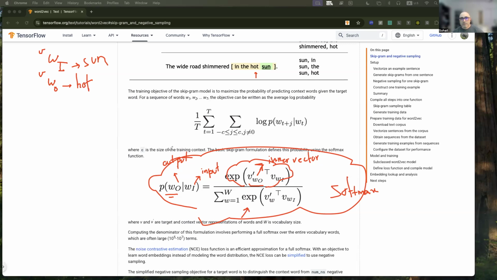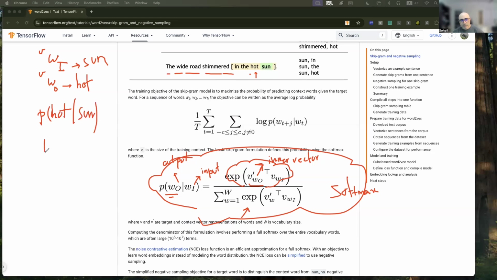How does that work? First of all, based on this input, it could get any words, for instance, from this sentence. So it could be the probability of, in this case, hot given sun.